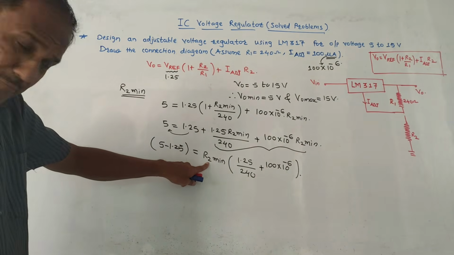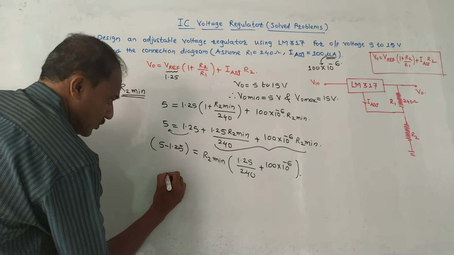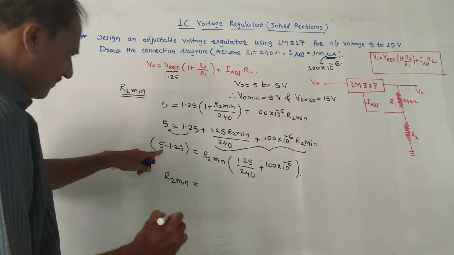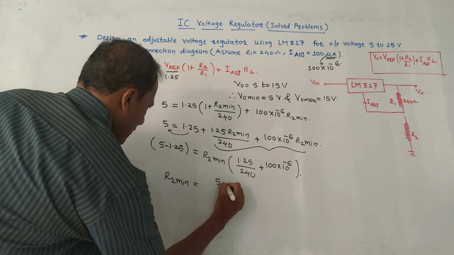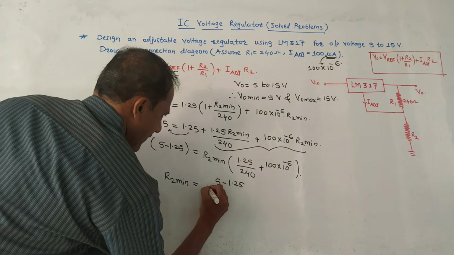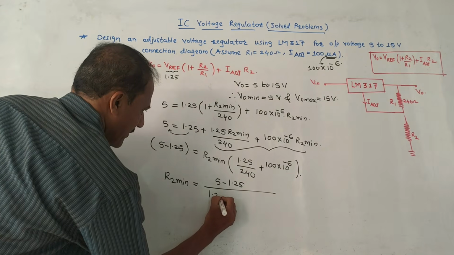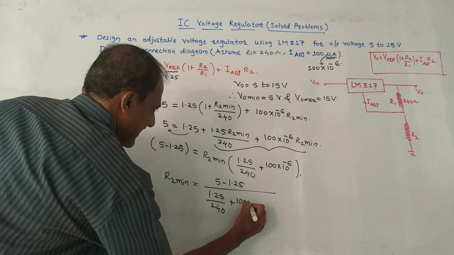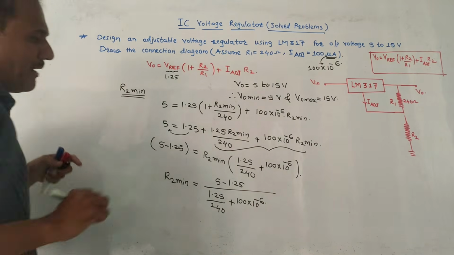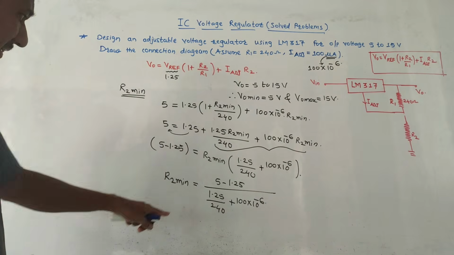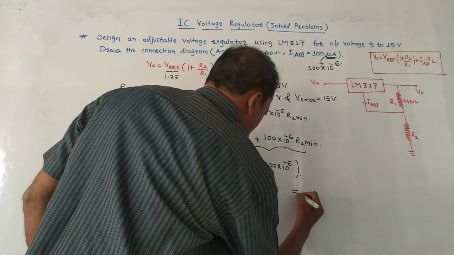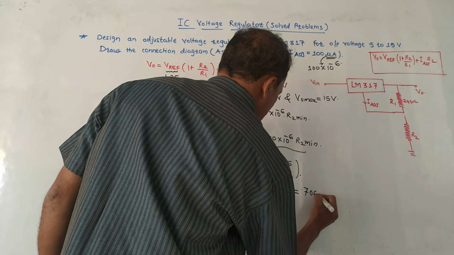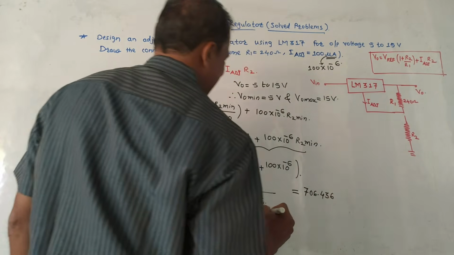Now our aim is to calculate R2 minimum. So this equation can be written as R2 minimum is equal to, this term as it is, 5 minus 1.25, divided by 1.25 upon 240 plus 100 into 10 raised to minus 6. If you solve this, then the value of R2 minimum will be 706.436.